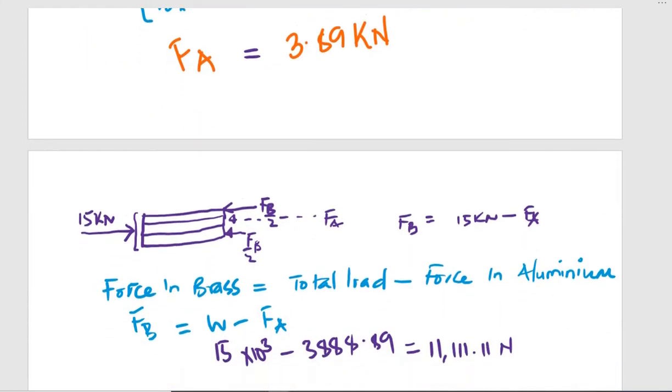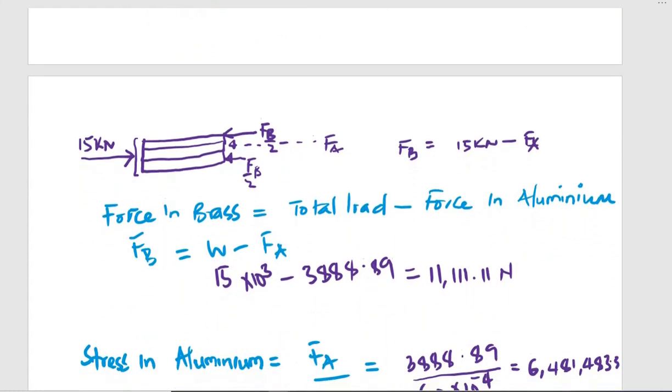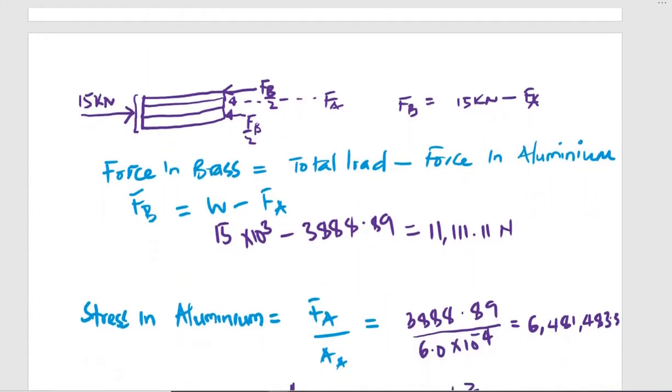Now, if we just use equilibrium of a system, we can simplify our system as this load which is compressive on this combination of the bars. If we know the force taken up by aluminium, then we can know the force taken up by brass.